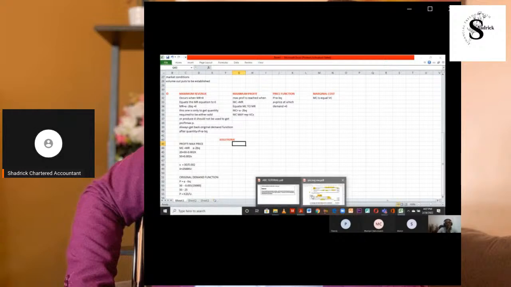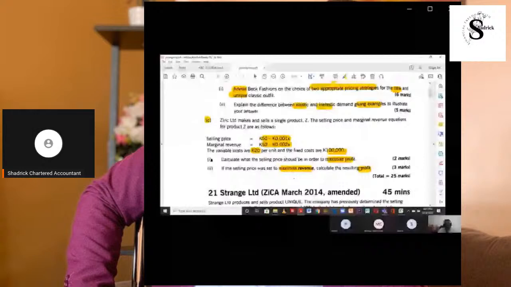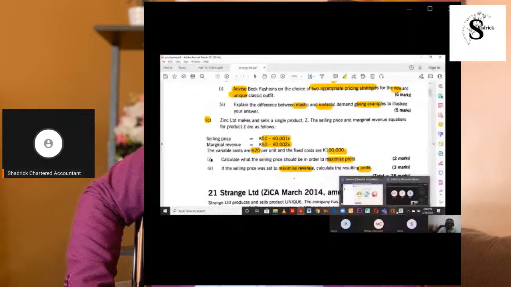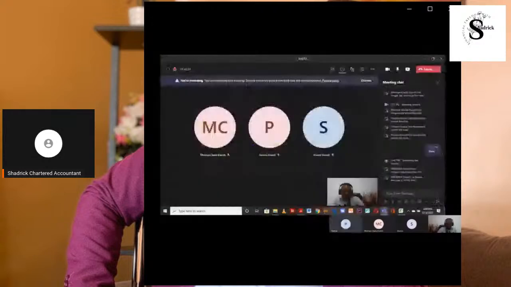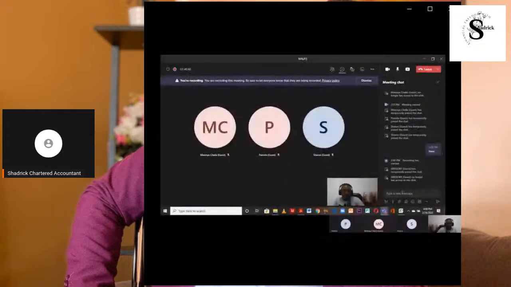Now, let's go to something else. The examiner has to look at the maximum revenue. Here, the examiner says if the selling price was set to maximize revenue, calculate the resulting profit.